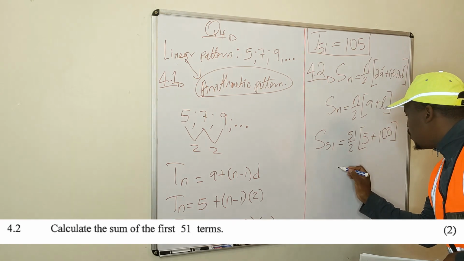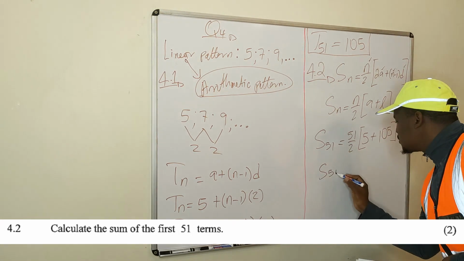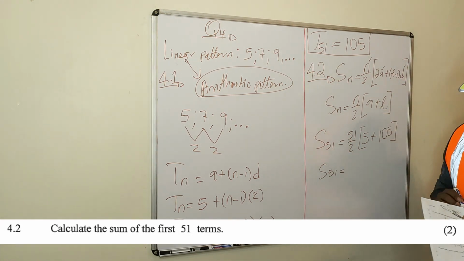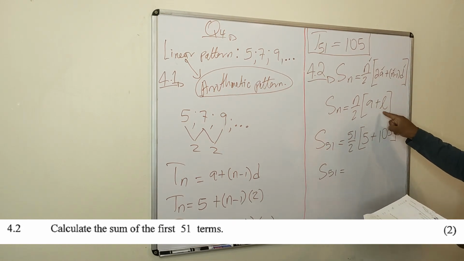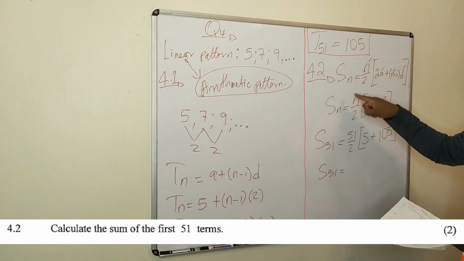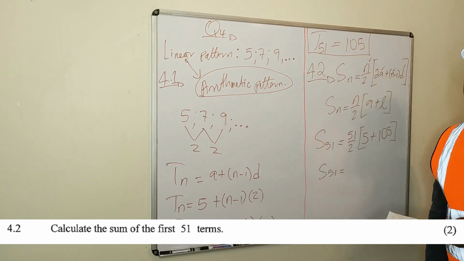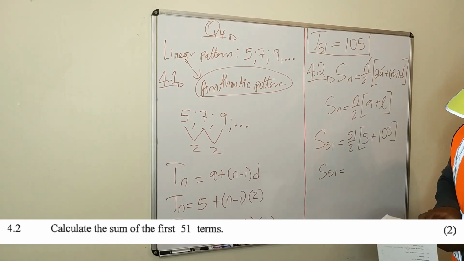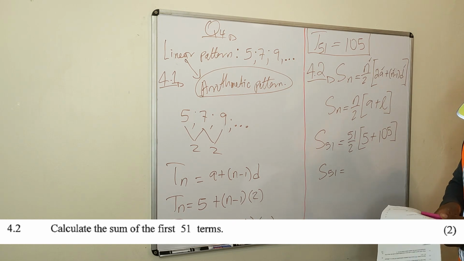Therefore, your sum of 51 terms is equal to, then you punch this in your calculator. But your l should be the last term, which means it should be the term for which you're finding the sum. So 51 over 2 times 5 plus 105.